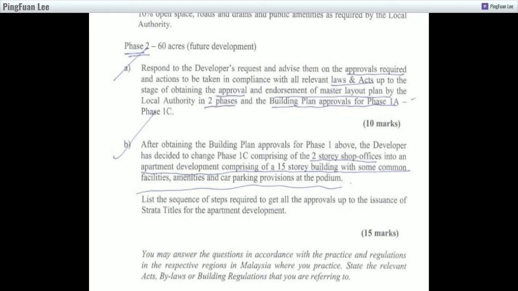So, steps required to get all the approvals up until issuance: you talk about the entire sequence, just that you start with AKM instead of KM, and then ABP instead of BP. Then the rest is strata title. You also talk about the HTA, for example. So do we need to convert QT into FT?